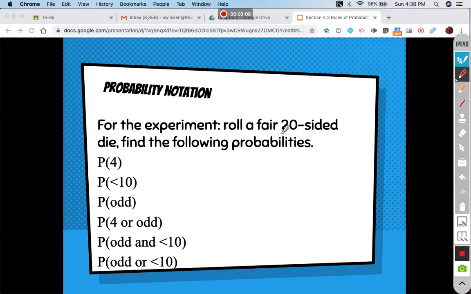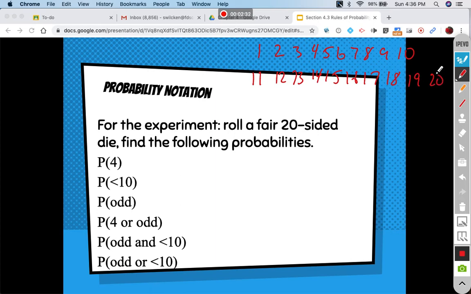So I'm dealing with a fair 20-sided die. I'm just going to write out my sample space. This might make this easier. 1, 2, 3, 4, 5, 6, 7, 8, 9, 10, 11, 12, 13, 14, 15, 16, 17, 18, 19, 20.